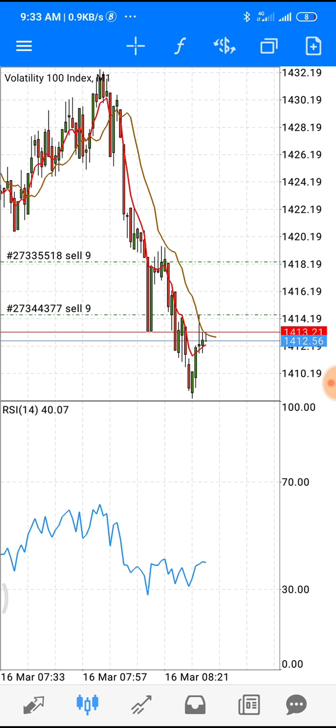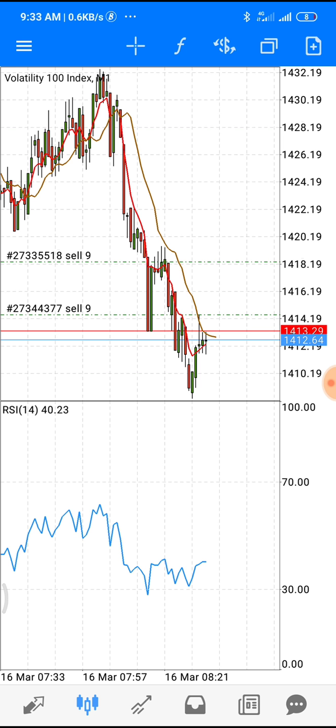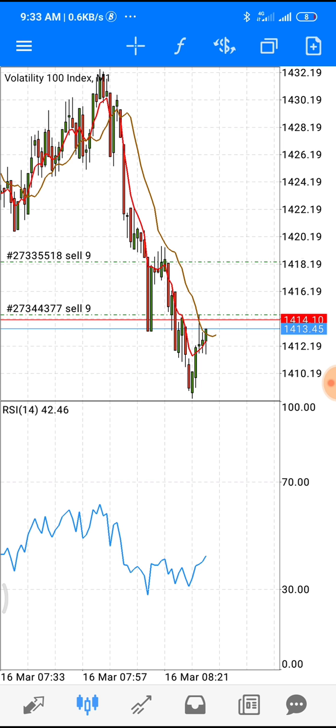If you check my chart, you will see that I have two moving averages. The RSI is not really working. I don't use that RSI for this strategy. I have other things I use this RSI for. And of these two moving averages, I have only one that works for this strategy.